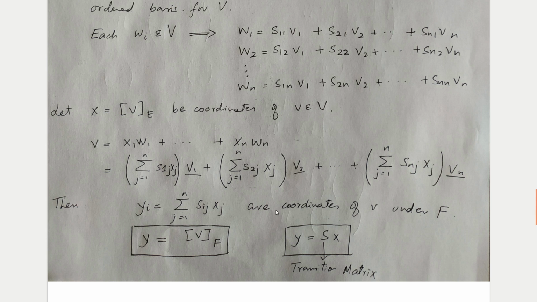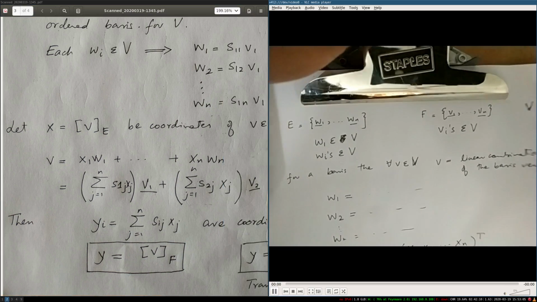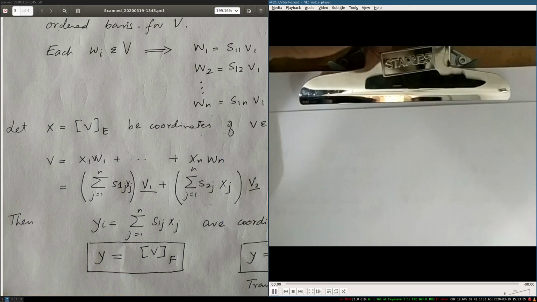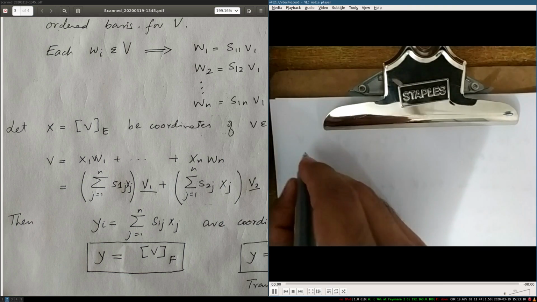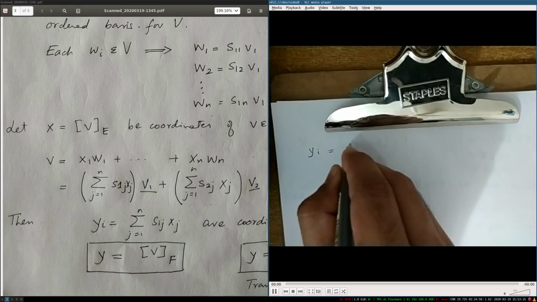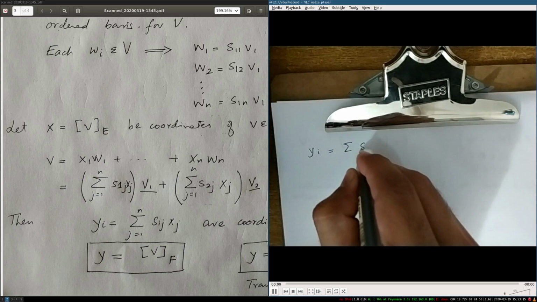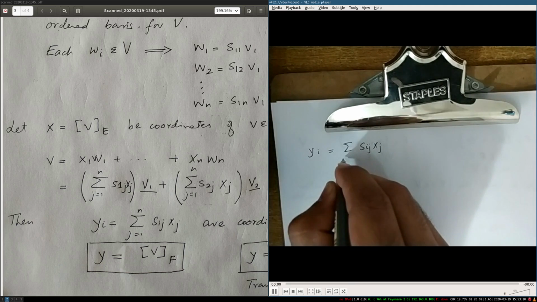Perhaps I can show you how to view this as a matrix vector product. Let's write this down. Each yi is summation sij xj, j goes from 1 to n.